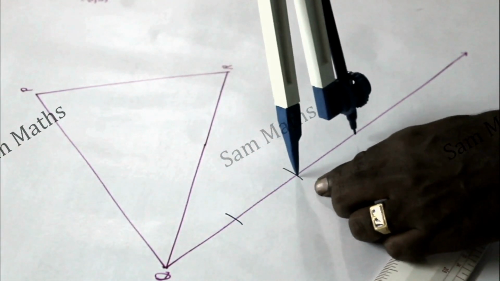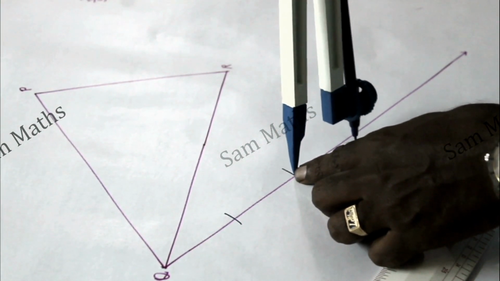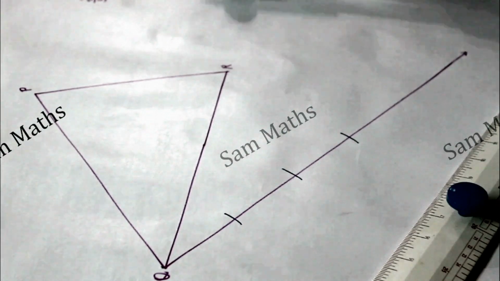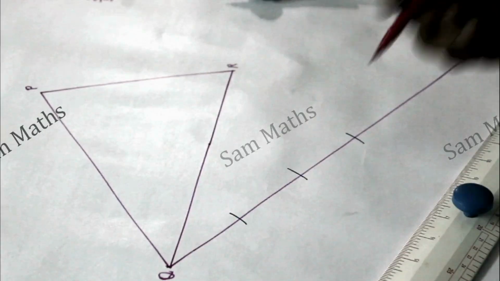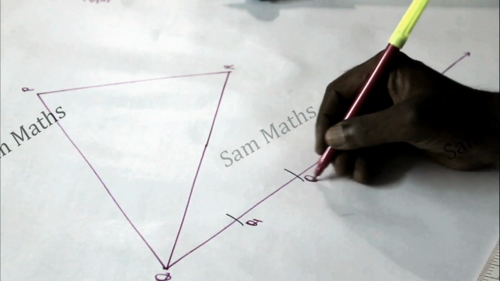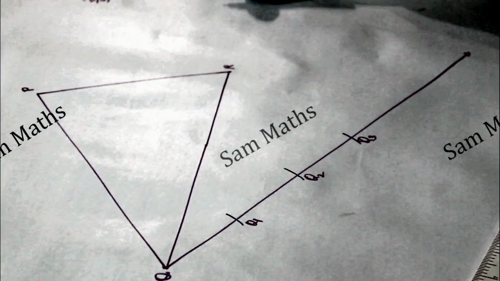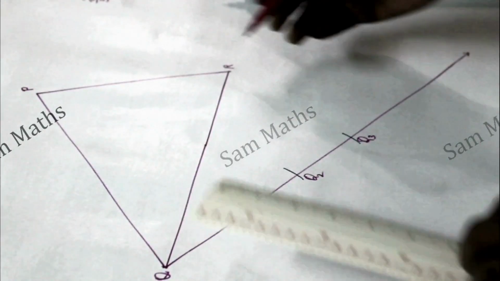After that, from that arc, you have to cut the third arc. Okay, children? Let them be Q1, Q2, Q3. Now we can join Q3 and R.